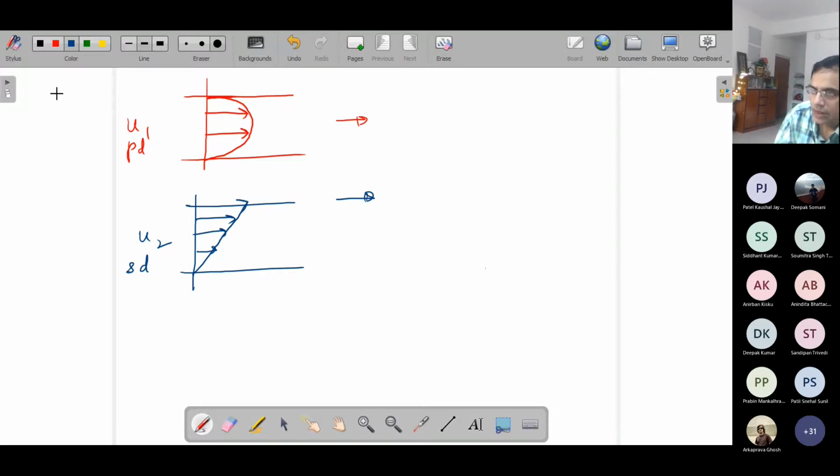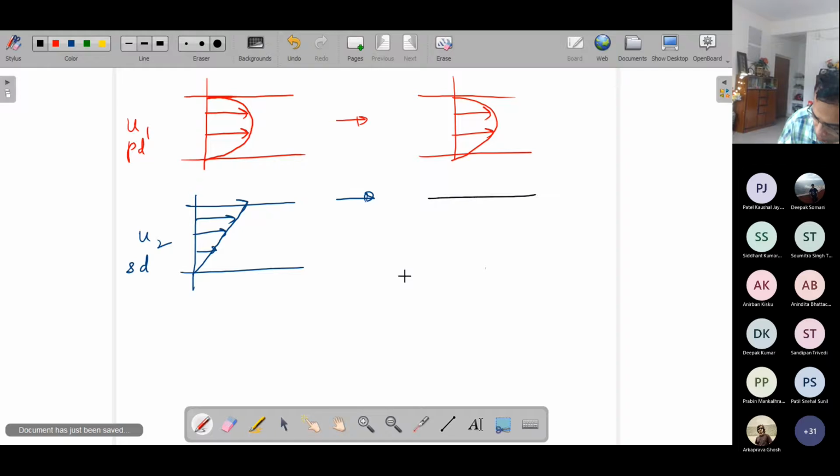Now let us imagine that u1 is like this, same as before. But the top plate is pulled in the opposite direction. So let us say that it is being pulled towards the left, u0.